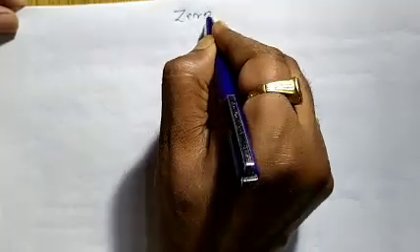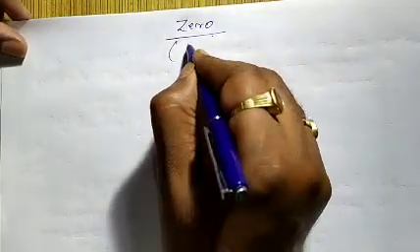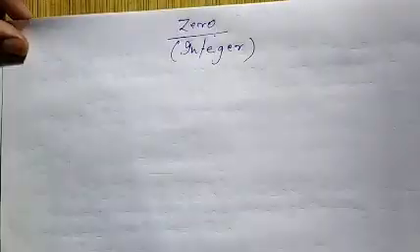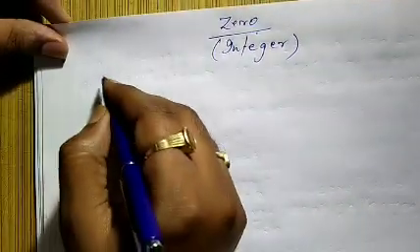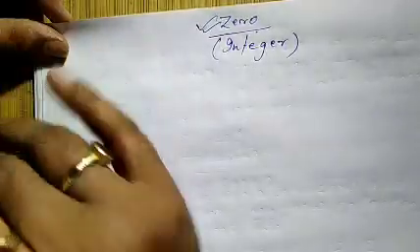So what about 0? How will you define 0? We know that 0 is also an integer. This is an important topic. 0 is known as the neutral integer.